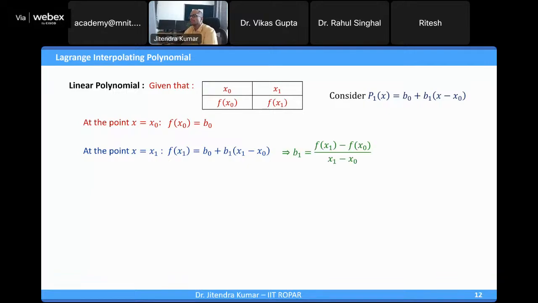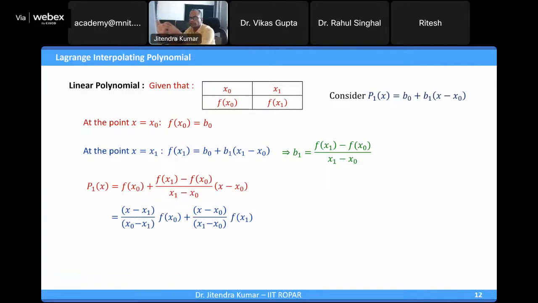So with this, you can easily get b1 equal to f(x1) minus f(x0) over x1 minus x0. So what we see is that the polynomial we are trying to fit passing through these two points is given by f(x0) plus f(x1) minus f(x0) over x1 minus x0, multiplied by x minus x0.